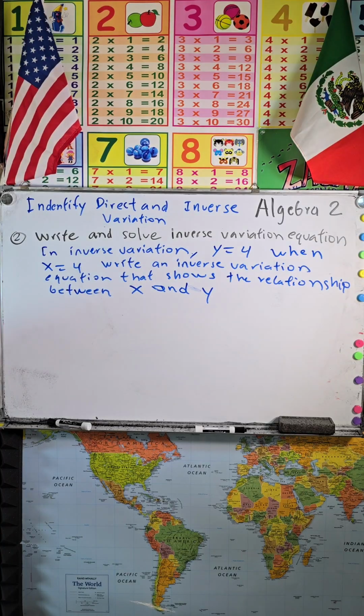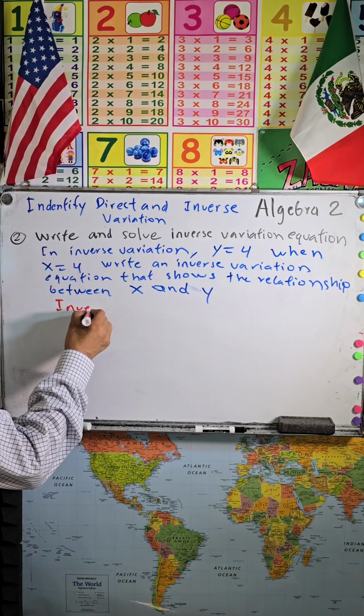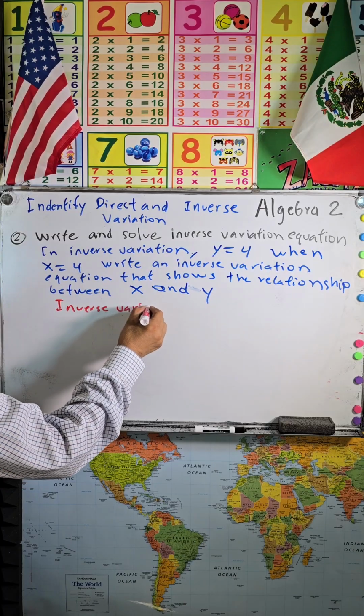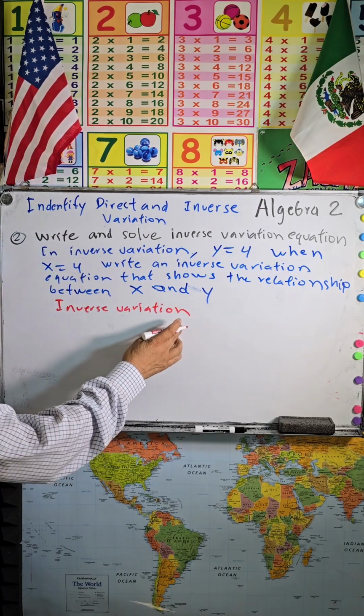That's a problem, right? Inverse variation. Just to remind you, inverse variation. How to write it? What is the formula?